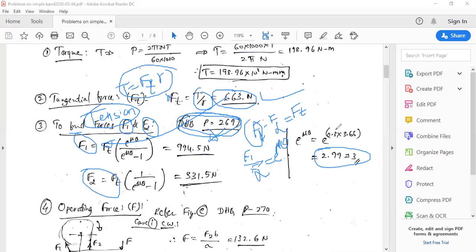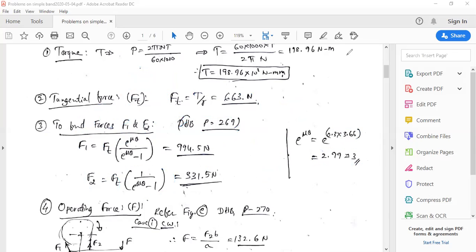Mu is 0.3, given, and theta is in terms of radians, 3.66, that you have to substitute, so that you will be getting the value of F1 as 994.5 newtons, and F2 as Ft into 1 divided by e raised to mu theta minus 1, that is the value you get here for F2 as 331.5 newtons. So this is the step to calculate the values of F1 and F2.